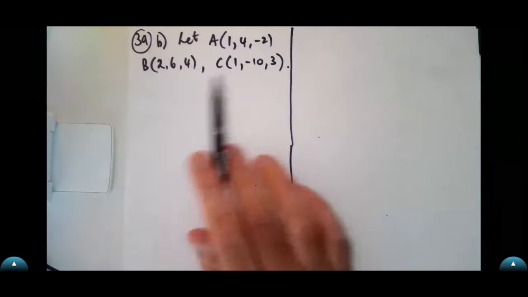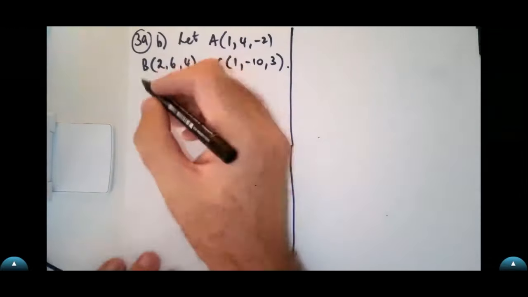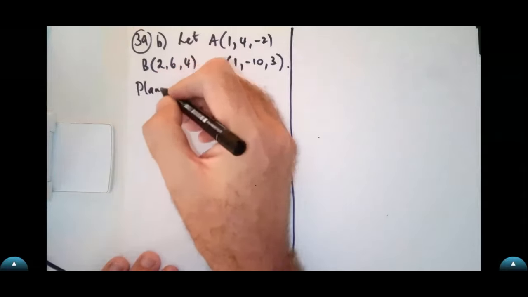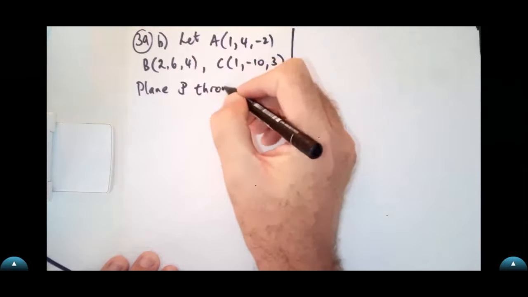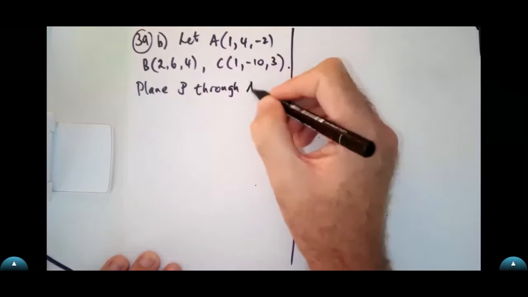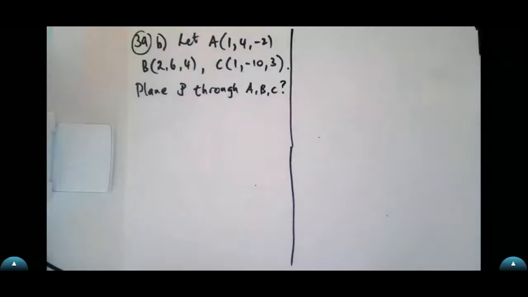So what is the equation of the plane connecting these 3 points, if you like? So the plane P through A, B, and C, what is it? What is the equation of the plane? Okay.